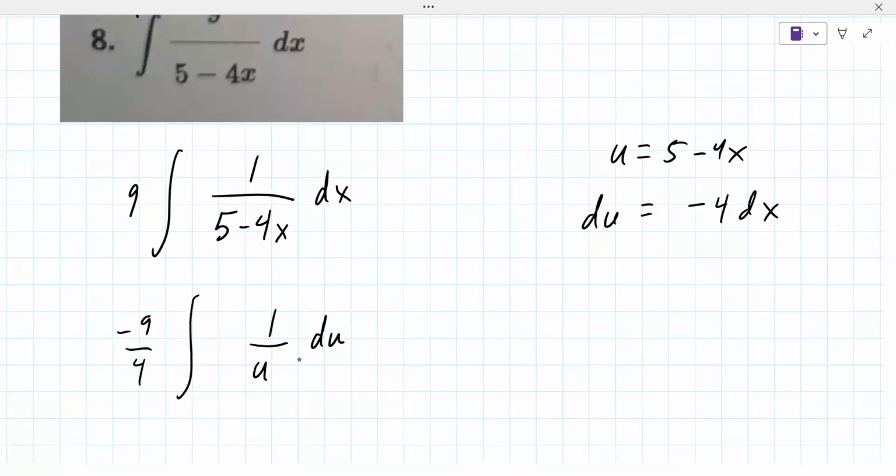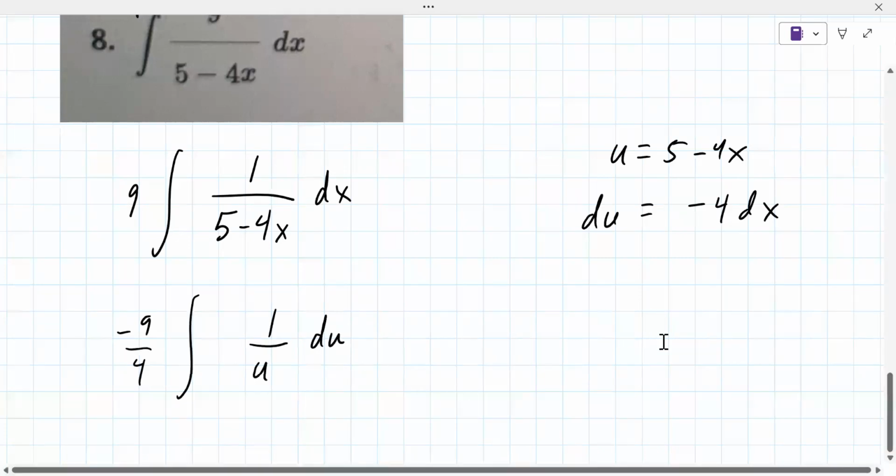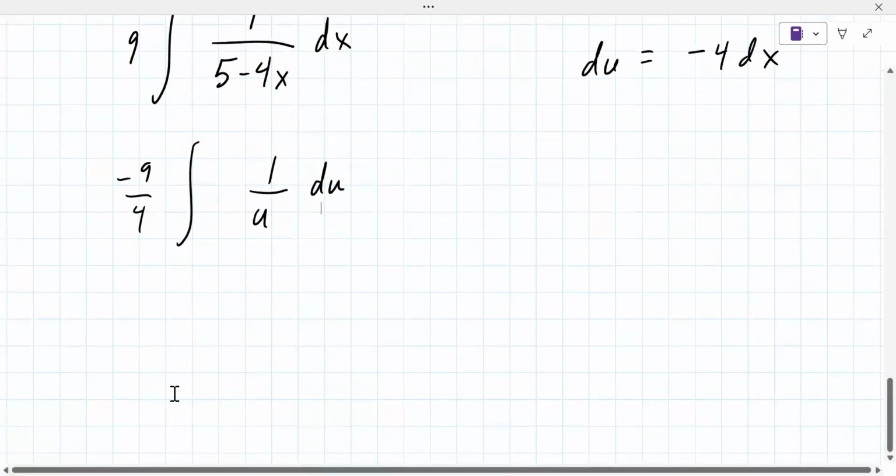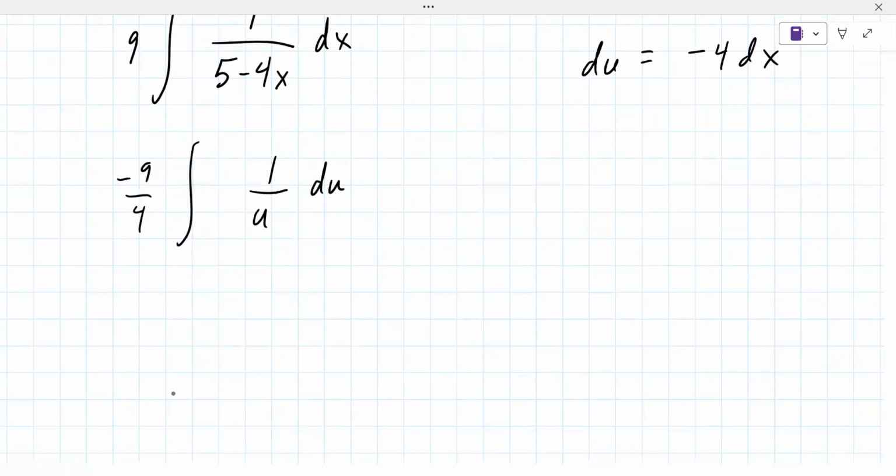Okay, so keep going. You're almost there. 9/4 natural log 1/5 minus 4x. Right, there's a negative -9/4.